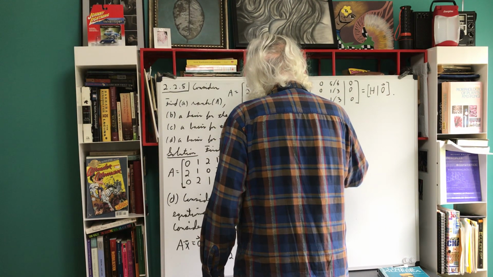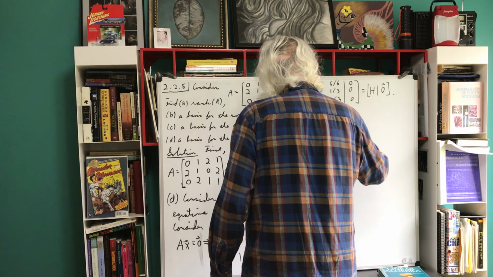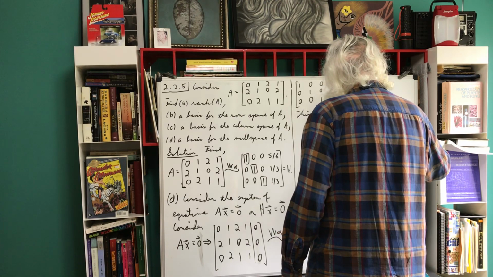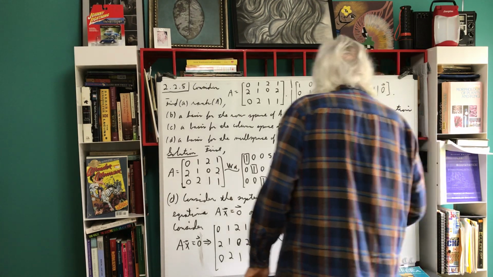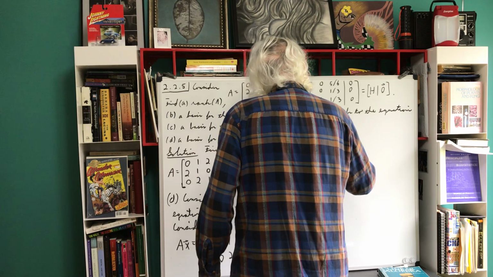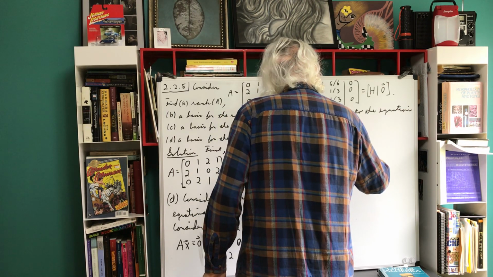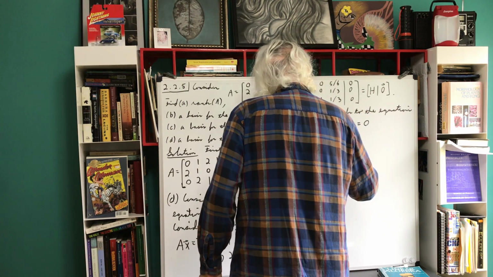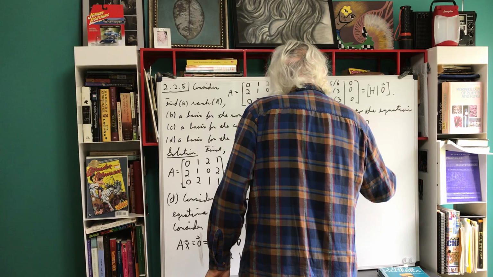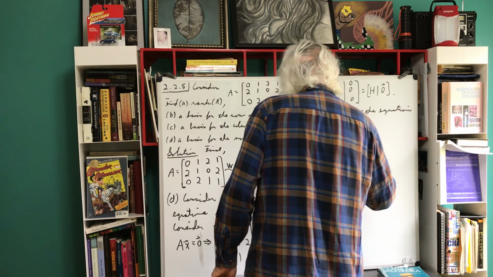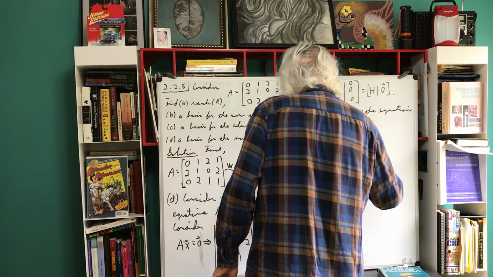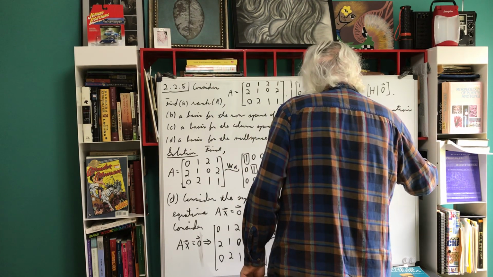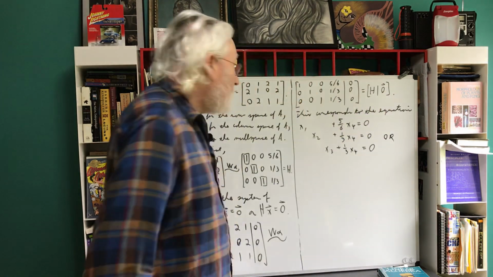So this corresponds to the equations x1 plus 5/6 x4 equals 0, x2 plus 1/3 x4 equals 0, and x3 plus 1/3 x4 equals 0, aligning the x1s, x2s, x3s, and x4s.